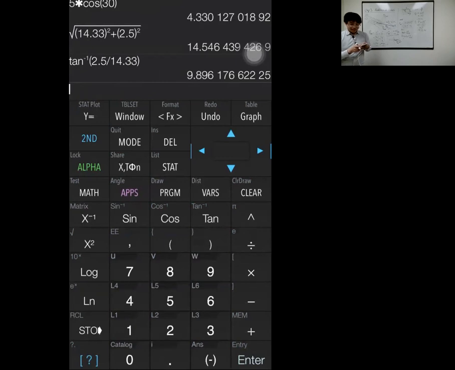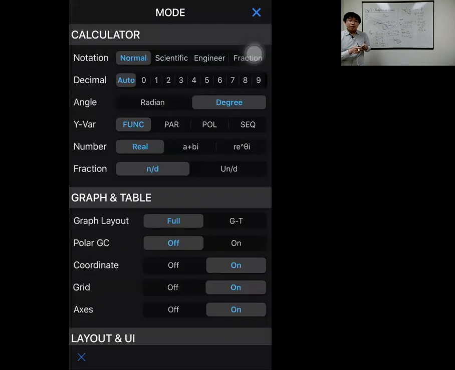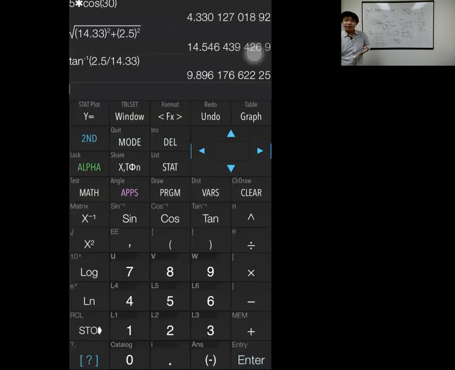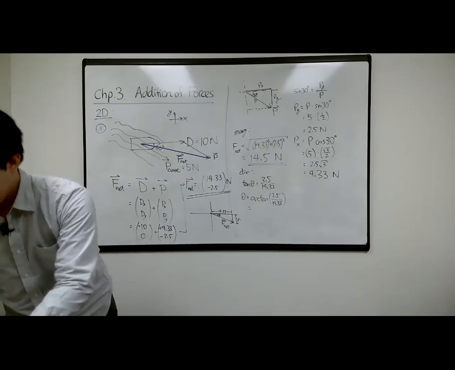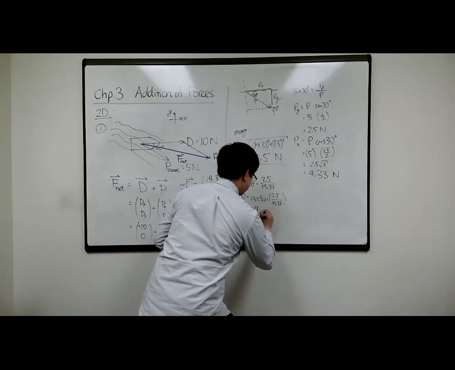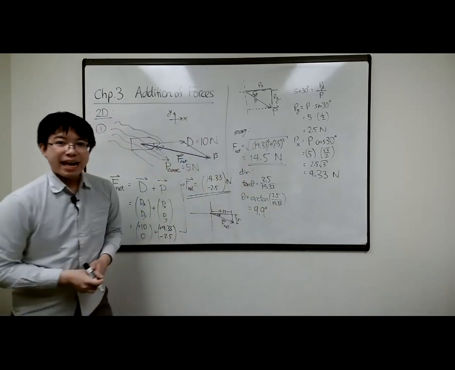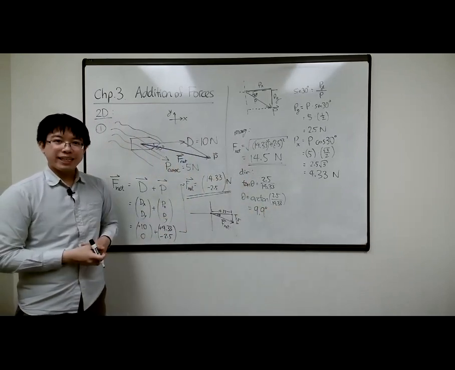So let's round that to 9.9 degrees. Just as a double check, let me go to mode and make sure I am in degrees. That's a good thing. All right, so let's go back over here, 9.9 degrees. Should we stop there or do we need more information?